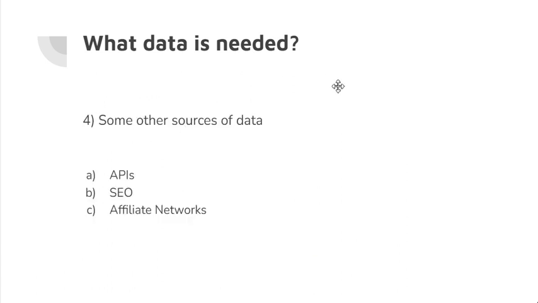Then moving on, there are some other sources of data as well, like APIs, SEO, affiliate networks. And in APIs, for example, Google has its own tracker for every interaction that is happening, whereas other platforms might not, so even that becomes a challenge in some cases.